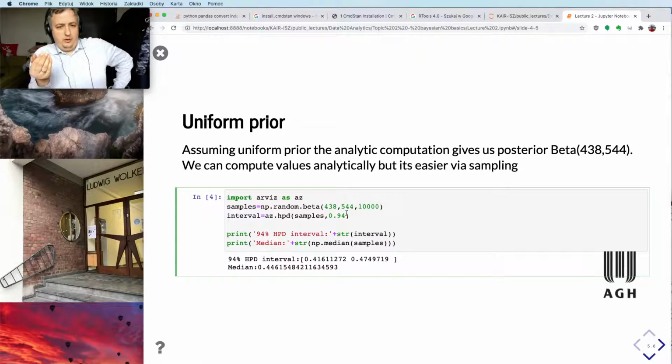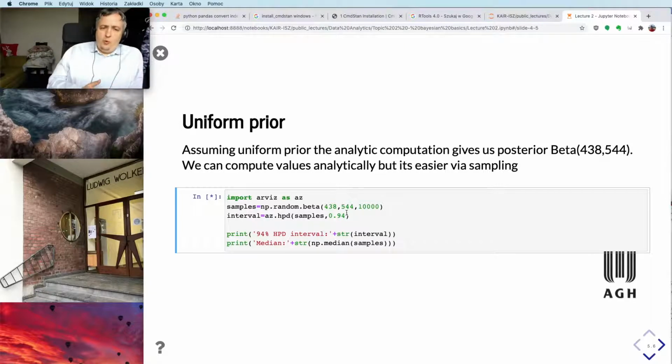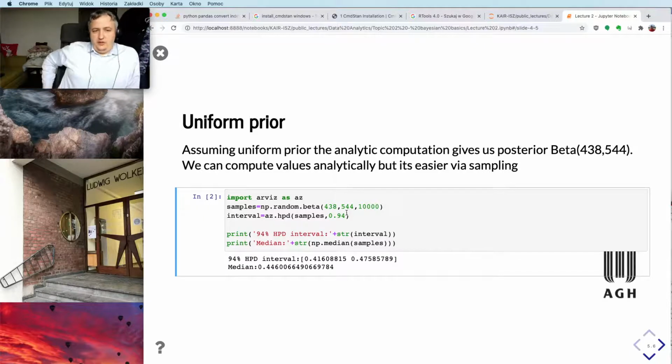What are we actually doing? We are computing samples from a beta distribution. It is again convenient to use analytical formulas because they are implemented by someone, and there's a random number generator that generates values from the beta distribution. So we are sampling the beta distribution at 10,000 points, and then we will compute the highest posterior density interval.